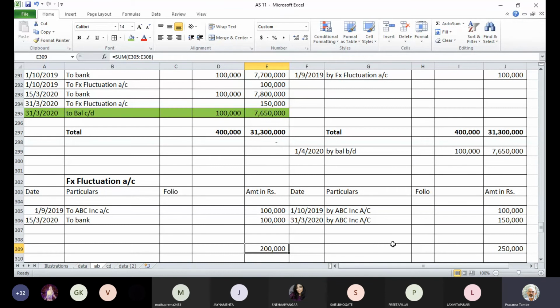Credit side total is 2,50,000. Debit side total is just 2 lakhs. So we are making an effective gain of 50,000 rupees in the process. So this gain will be transferred to P&L account on 31st March. So on 31st March 2020, profit and loss account.